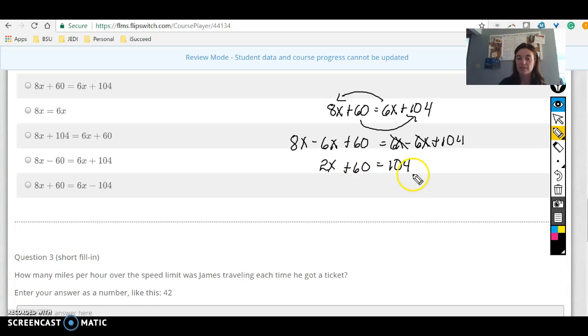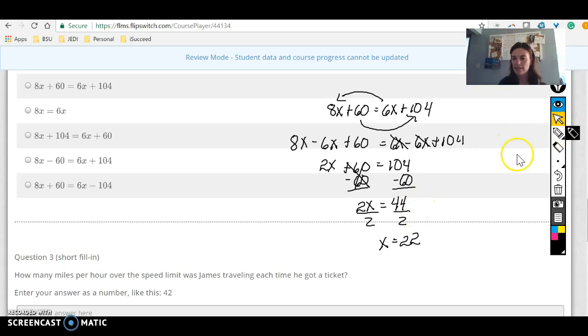I'm going to now move the 60 over by subtracting 60 from both sides. This goes away, and I get 2x equals 44. 104 minus 60 is 44. Now, last step here is to divide both sides by 2 so that I can get x all by itself. X equals 22.